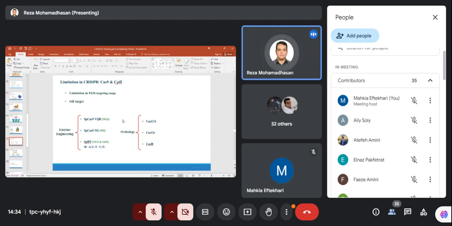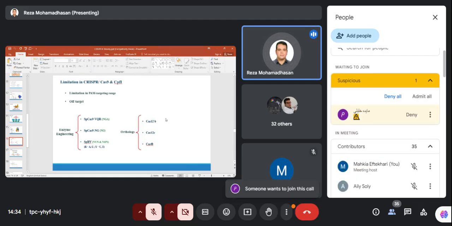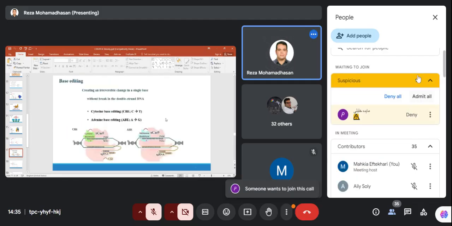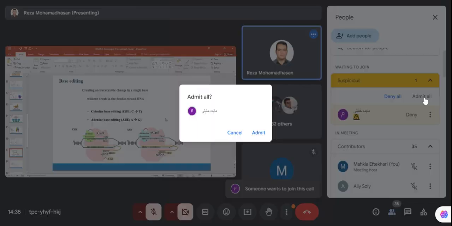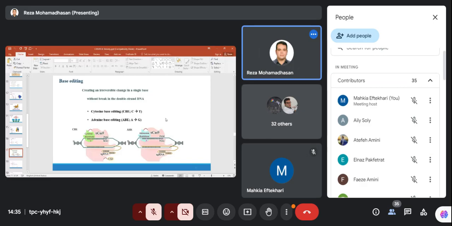And also, you can use orthologs, and another option is CRISPR base editing. The approach can create an irreversible change in a single base without a break in the double-strand DNA.